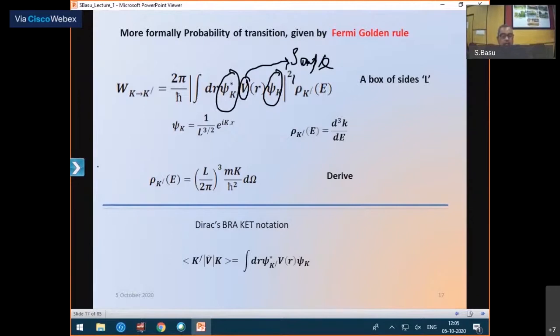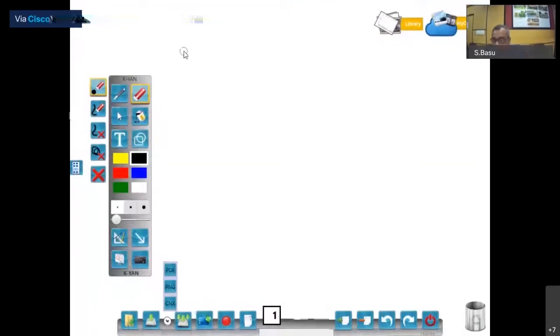It is basically an integral, so basically it is related to this.